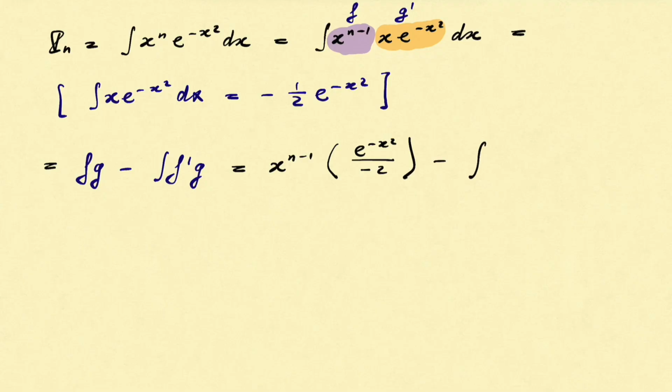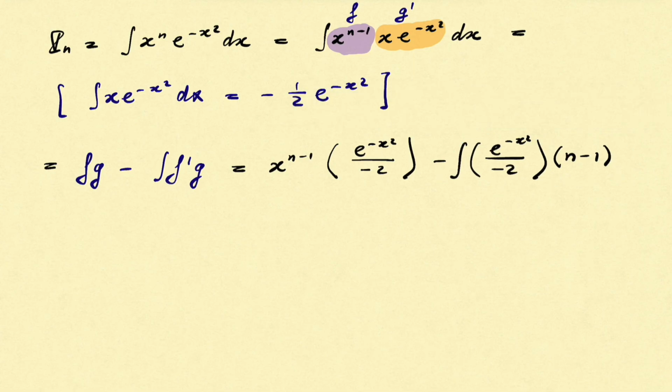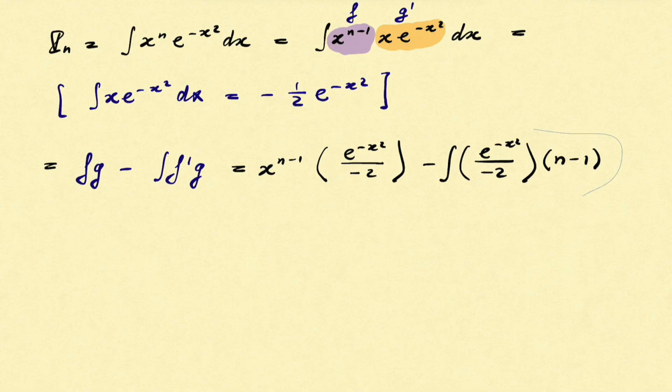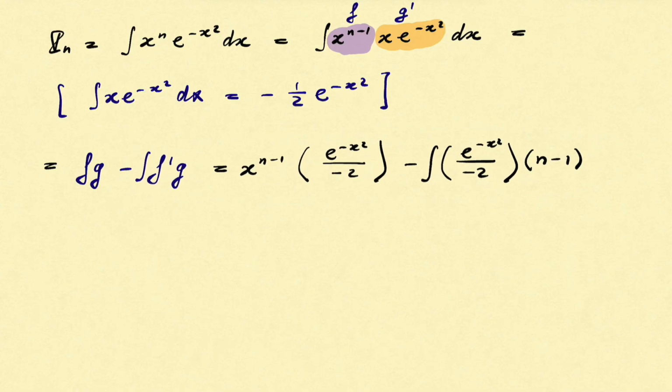We subtract the integral of what we found as the antiderivative of g prime, e to the minus x squared over minus 2, and we multiply this by the derivative of our function f, which will be n minus 1 multiplied by x to the n minus 2 dx, just the derivative of the polynomial.